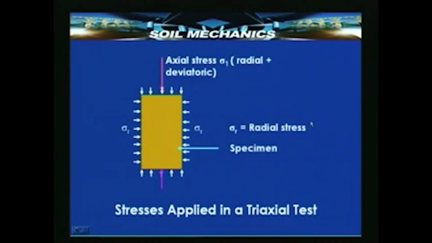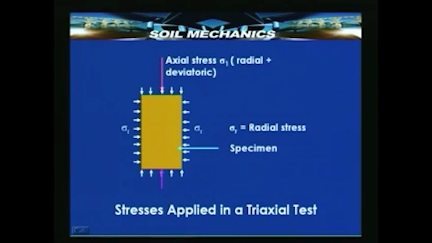This shows the stresses that act on the typical triaxial test specimen. The way the test is conducted, as we have seen earlier, is first of all a radial all round pressure is applied, that is known as the cell pressure sigma r. It is acting on the circumference of the specimen, and after this the vertical load is increased until the specimen fails.